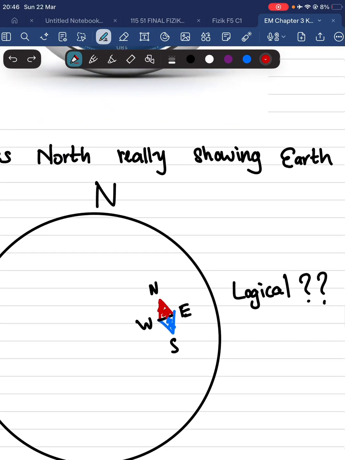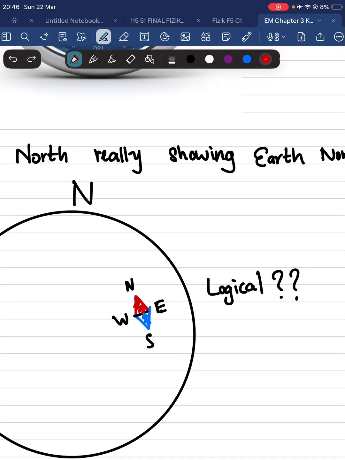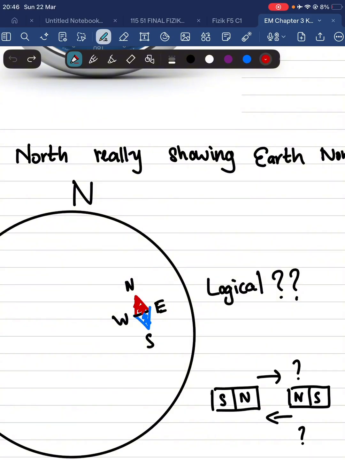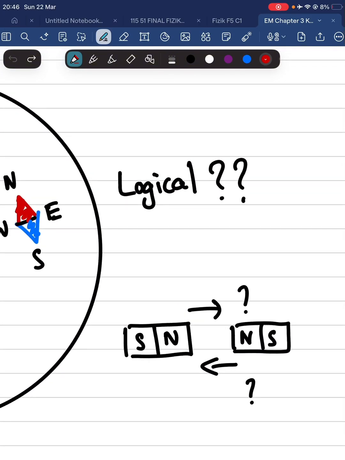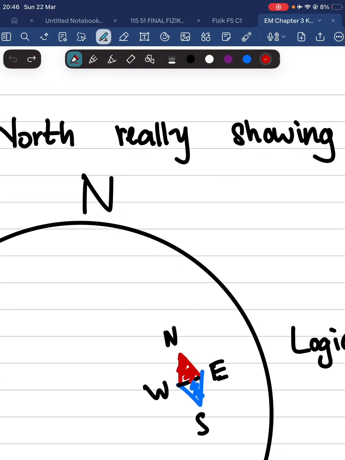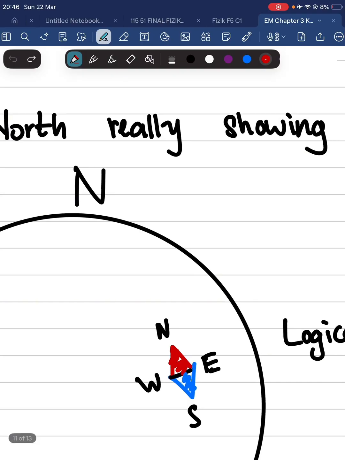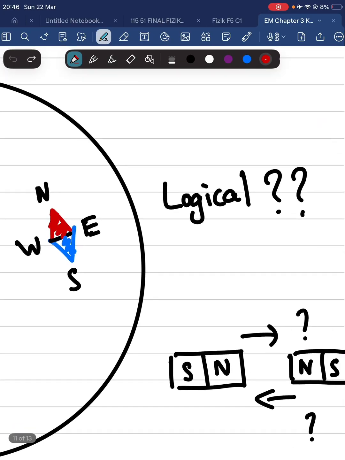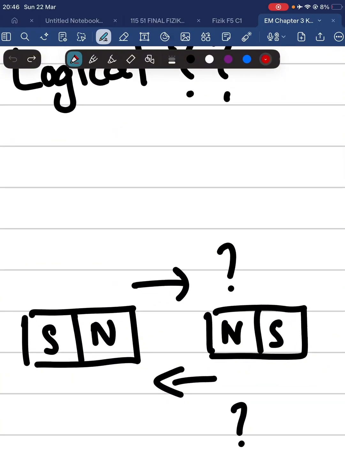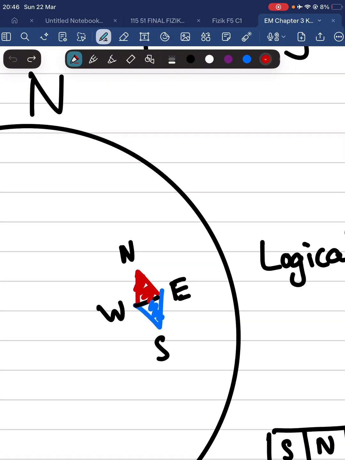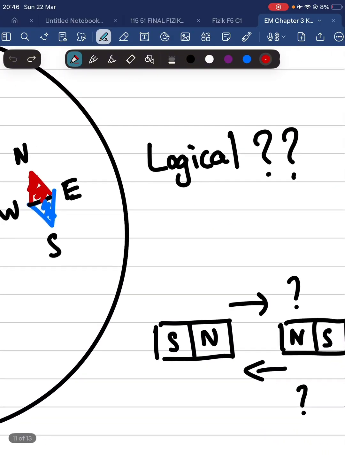Is this logical, you think? Because when you have a magnet, if you say that this compass is showing the north pole of the Earth, you are saying that you have two magnets, because our Earth is a magnet, right? Earth is a magnet and the compass is a magnet.